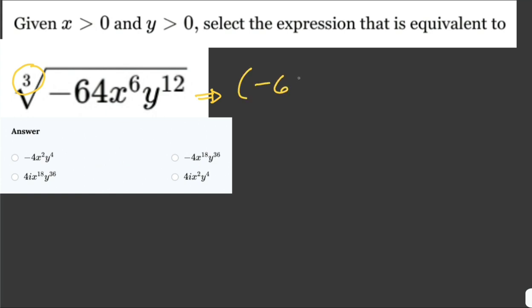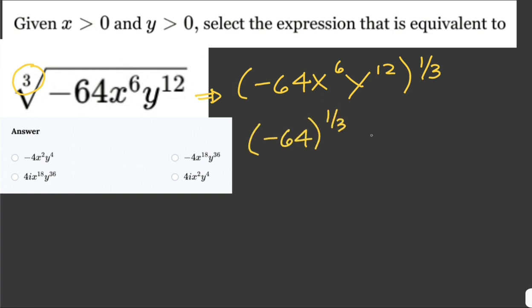So that would be negative 64 x to the 6th, y to the 12th, to the power of 1/3. And then we distribute 1/3 to each of the expressions inside the parentheses. So this is negative 64 to the 1/3, times x to the 6th to the 1/3, times y to the 12th to the 1/3.